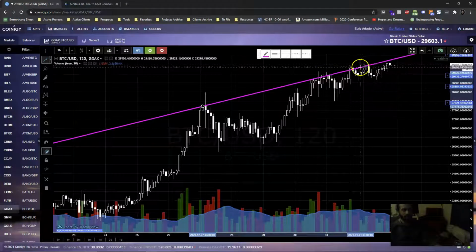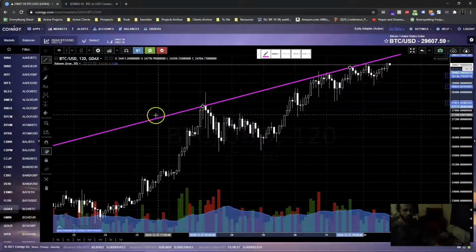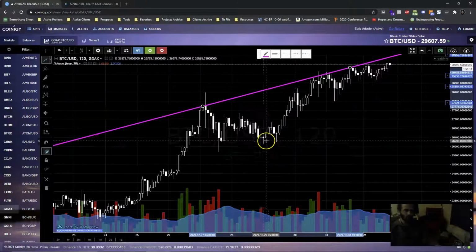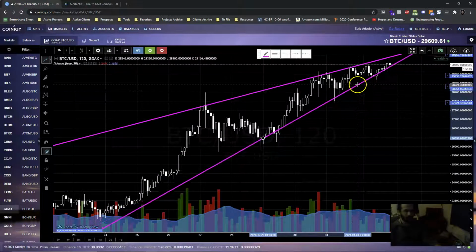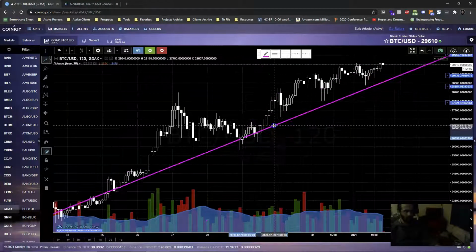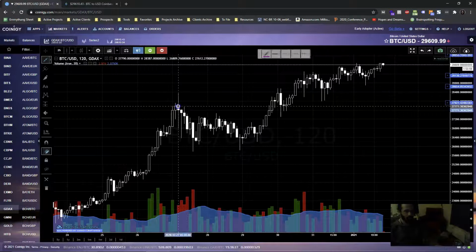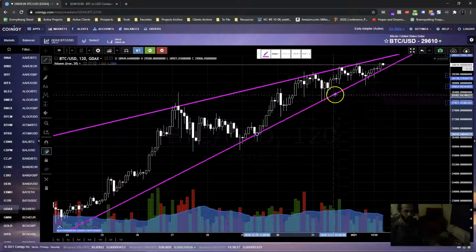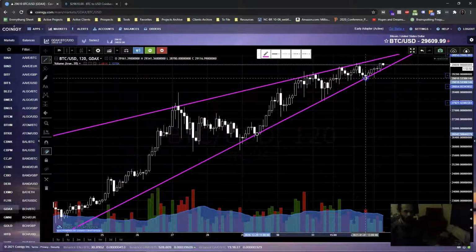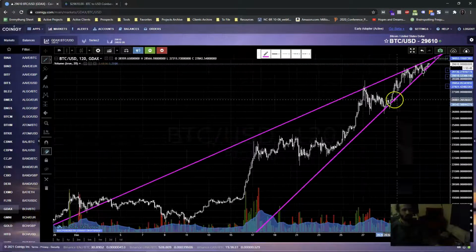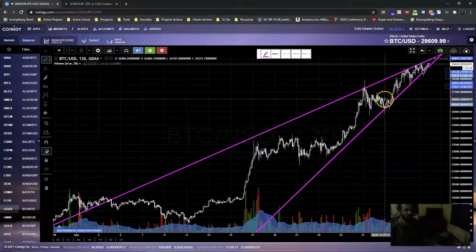But if we create a trend line here based on bodies, we're not using wicks here, but we're using closes of candles, we can probably create something like a rising wedge, which I guess they say tends to break down, this type of pattern.